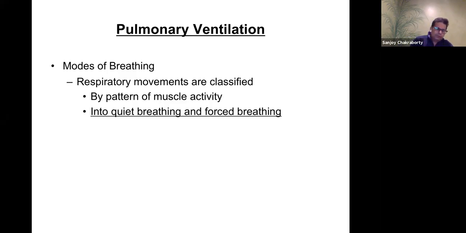So the air moves from a high concentration of air to a low concentration of air, very similar to diffusion. We know that air pressure is directly related to the concentration of air. More air molecules in the same volume will end up with high pressure.